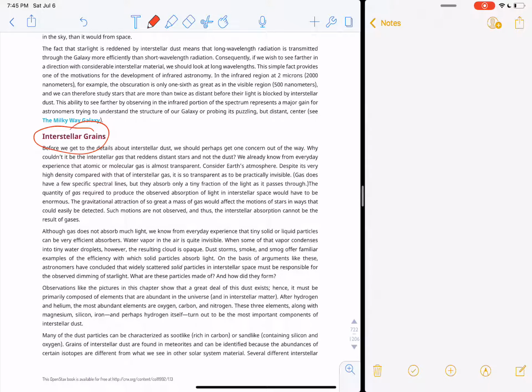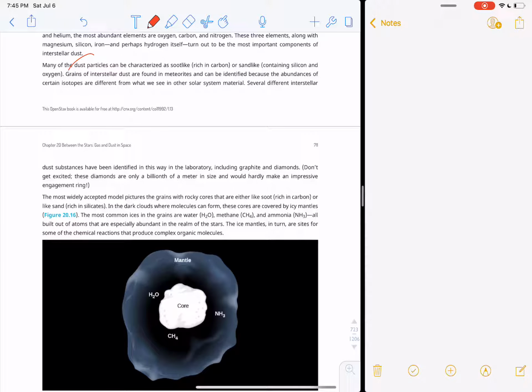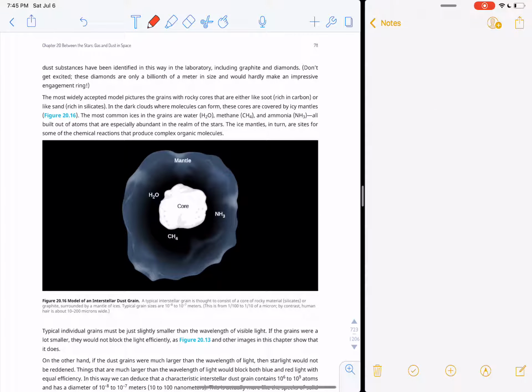Okay, interstellar grains are now a little bit larger things than gas and dust. Or they're kind of like dust too, some of the dust particles. There's a bunch of this floating around. You've got some water ice, methane, ammonia floating around out there. It's theorized that the water on Earth could come from a lot of these little bits as the clouds collapse and form into planets and stars.